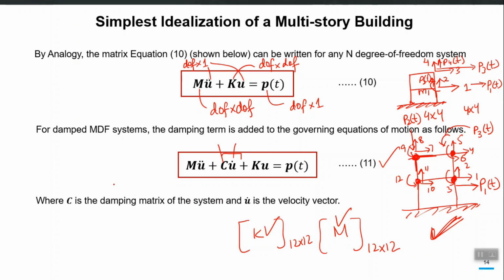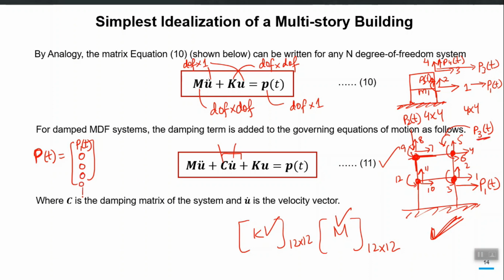So let's formulate its 12 by 1 P vector. P of t, the bold vector, will be what? It will have 12 entries, each corresponding to 1 degree of freedom. Degree of freedom 1 has a translational force P1, so we will have P1 of t here. Then degrees of freedom 2 and 3 have no force, so we will have 0, 0. Then 4 and 5 have no force, but 6 has a rotational force, a moment, which is P3.